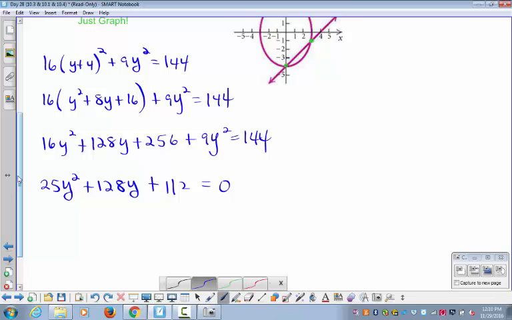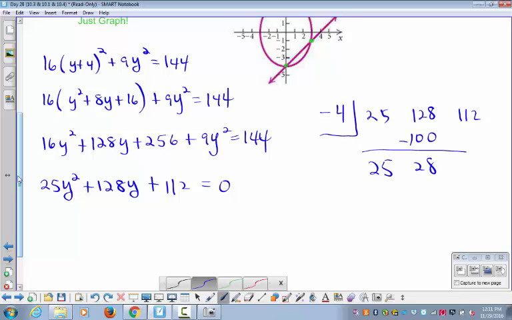Looks promising, doesn't it? So let's do a little synthetic division quickly. If -4 is going to be a 0 of this, how would I do synthetic division to factor that? -4 in the corner, since -4 is the 0, then we write 25, 128, 112. That's -100, and then 28 times -4 is -112.